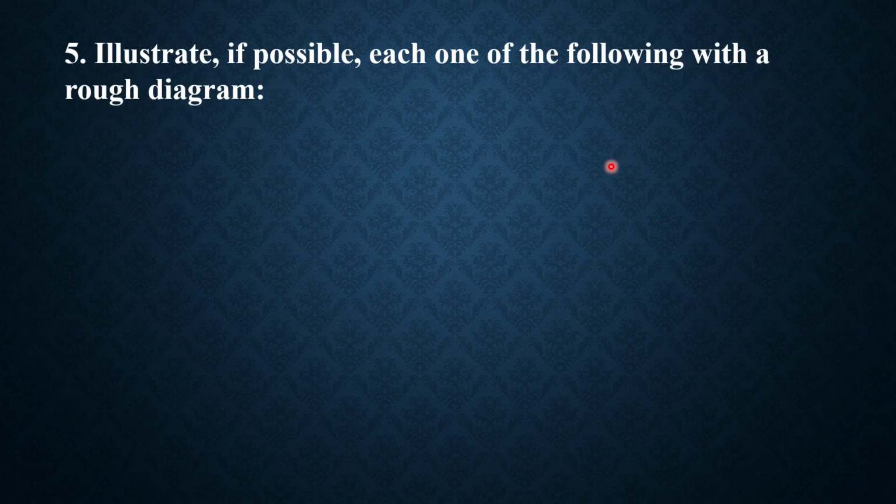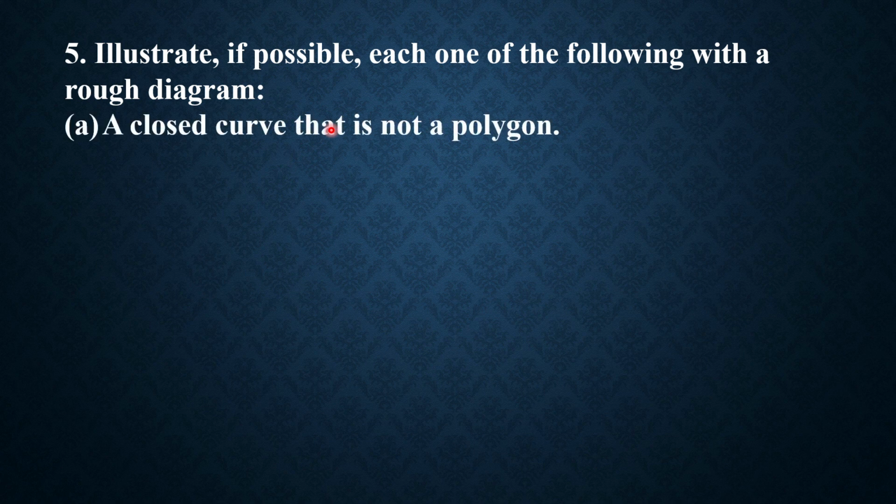Next question we see. Illustrate, if possible, each one of the following with a rough diagram. Here they are going to ask a question, and according to that we have to draw the rough diagram.